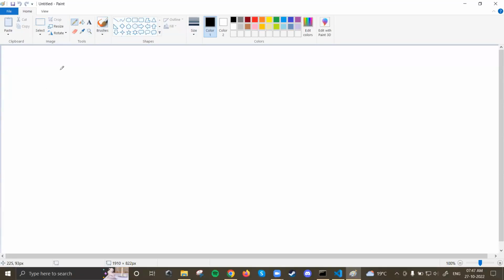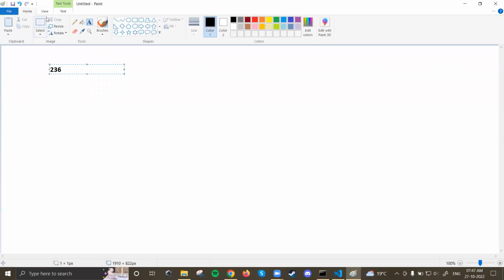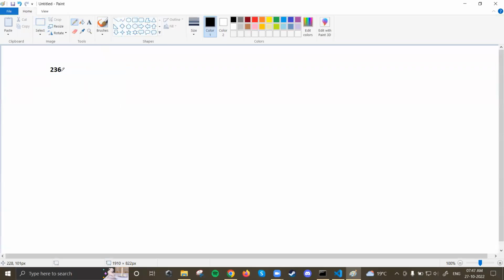We have a number, 236. We take out this 6 first and put it here. That is step 1. And we remove the 6 from the given number. What we get here is 23.